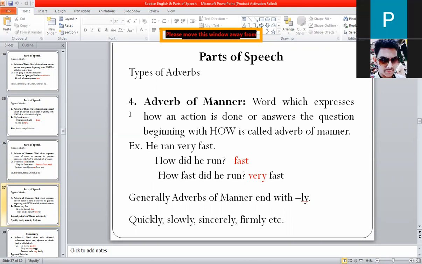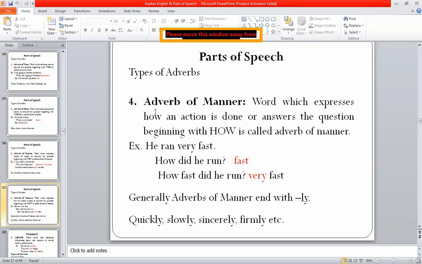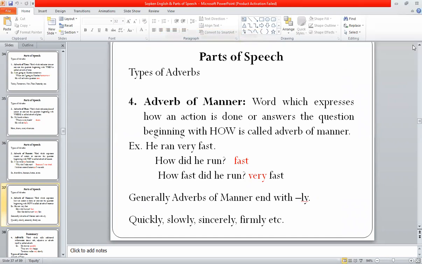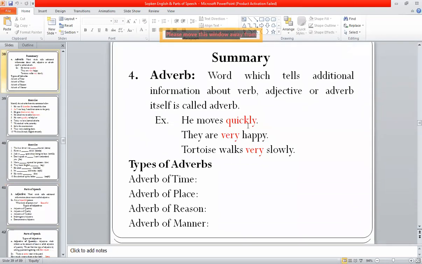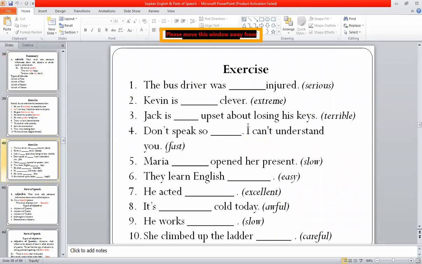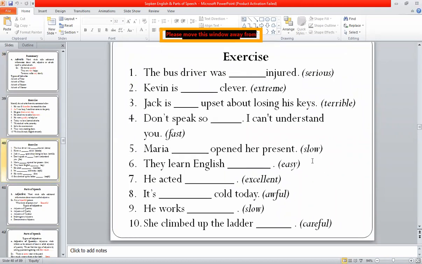Examples are quickly, slowly, sincerely, firmly, etc. These we have seen in the last lecture. Then we also did exercises regarding these adverbs with examples.